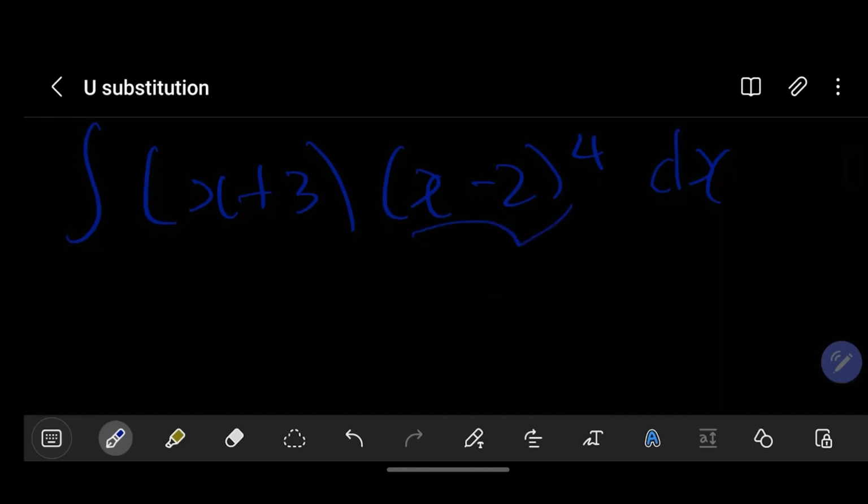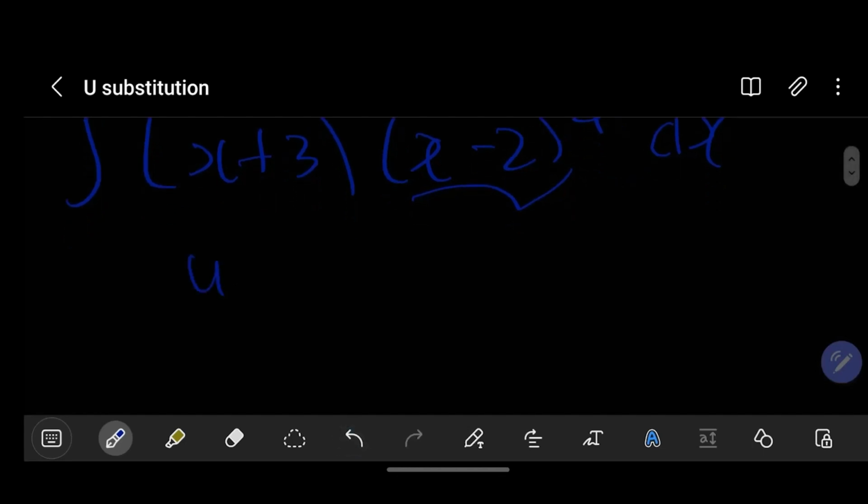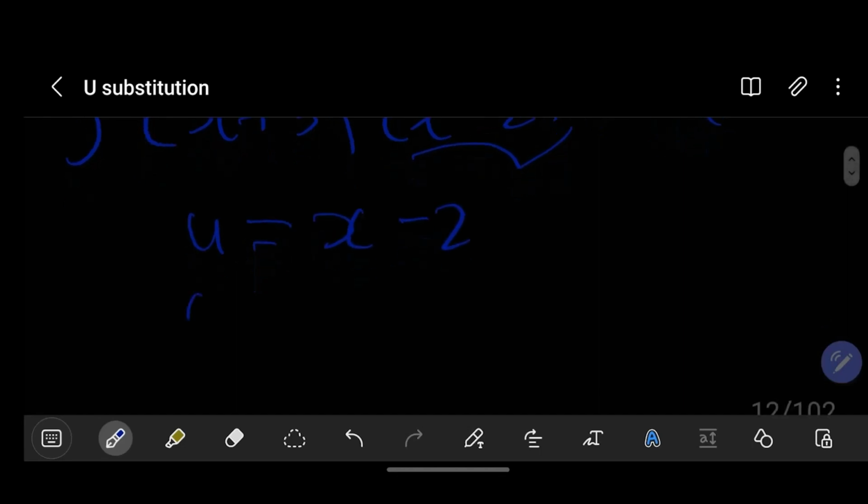Now the reason I'm making u equal to x minus 2, another hint or another guide, I think I did mention this earlier on, is the higher exponent. Let's make u equal to the one that has the higher exponent to it. So u is equal to x minus 2, du is equal to dx.